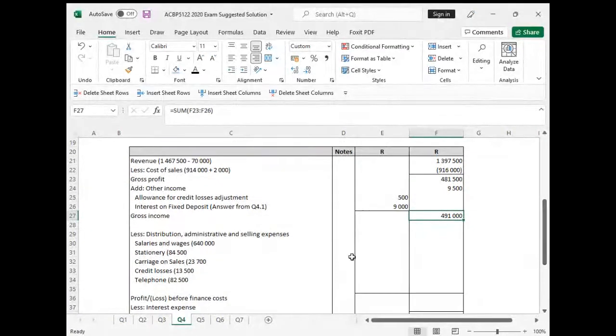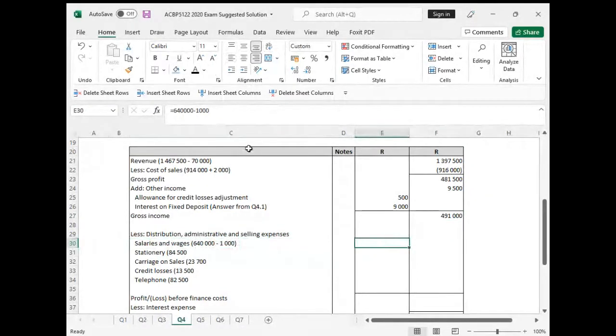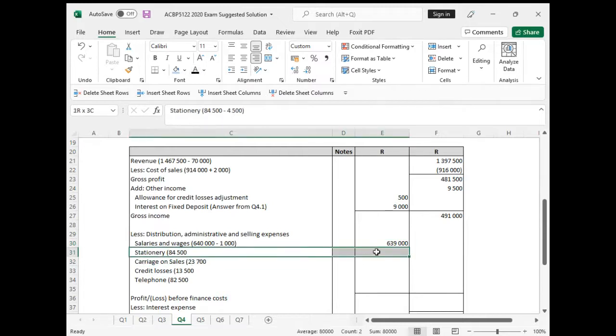Then we move on to the expenses. So we know salaries and wages had 1,000 Rand included. That should not have been there. So you deduct the 1,000 Rand to get to a value of 639,000. Stationery, we had a portion that we took to consumable stores, the 4,500, which we removed.